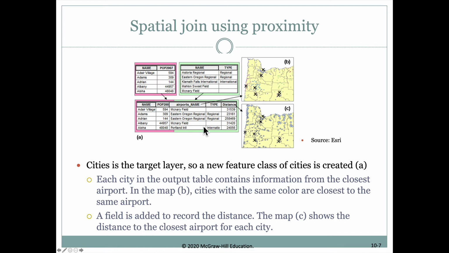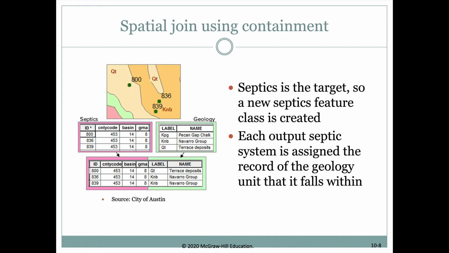And so the information from the airport table is added to this table here. The layers would still be where the airports are, but now those airports would have all of this different information associated with it, or the cities would have all this different information associated with it about what was the closest airport and how far away that airport was coming from this airport feature class here.